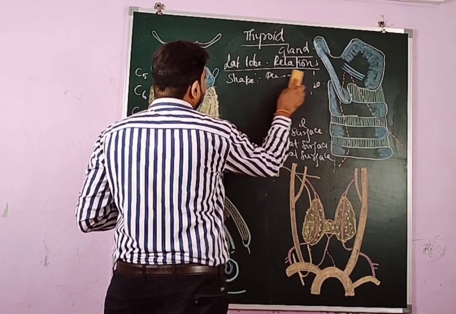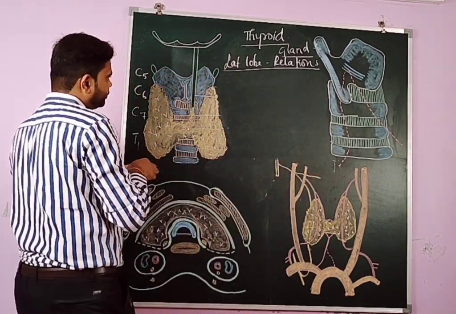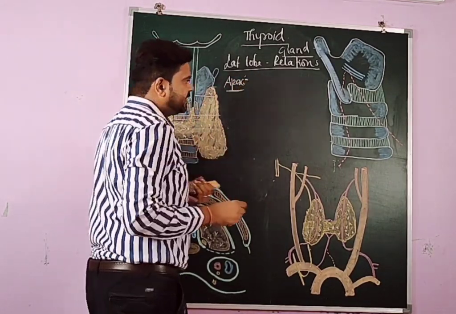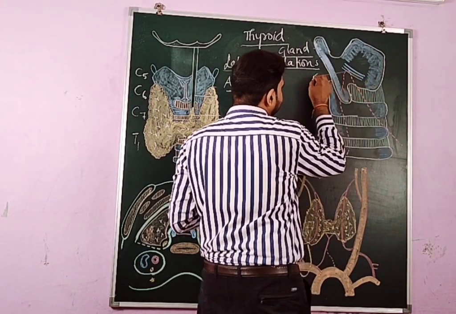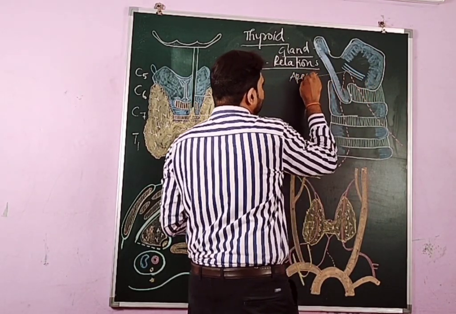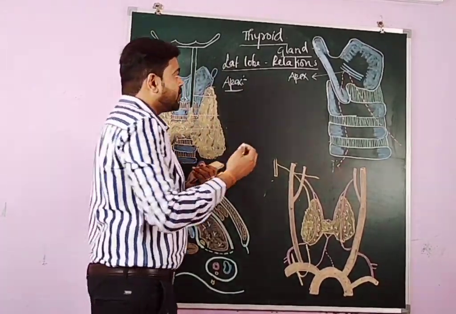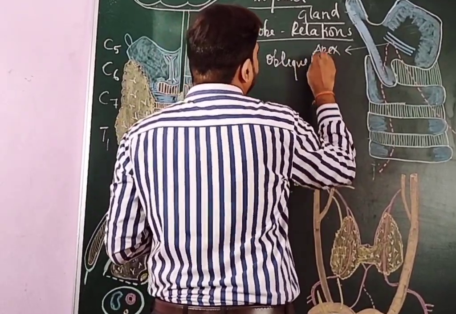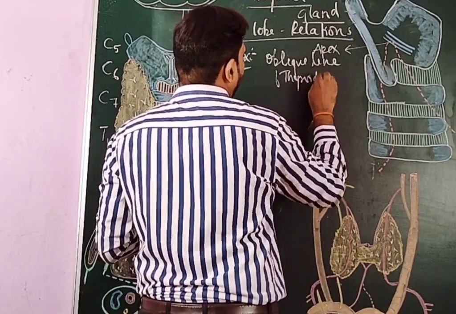First we'll go for the apex. This is the apex of the thyroid gland. I already mentioned this apex extends above up to the oblique line of thyroid cartilage.